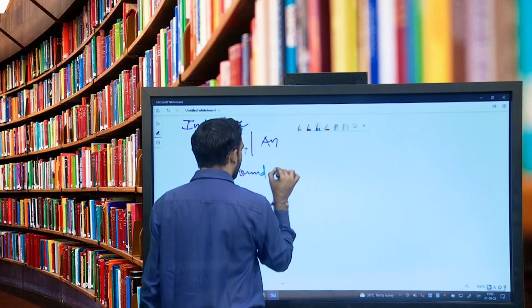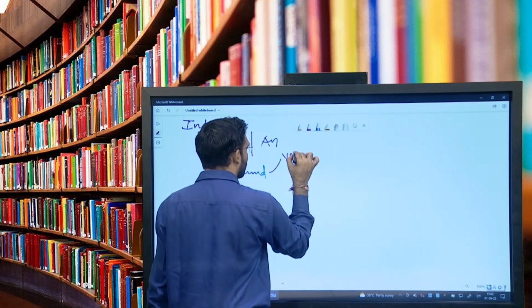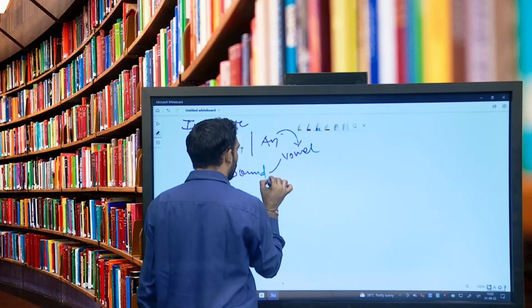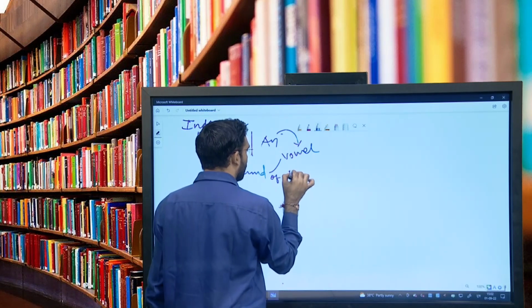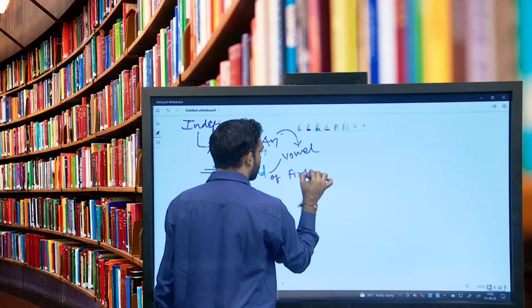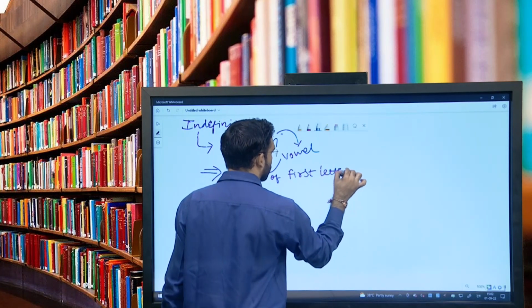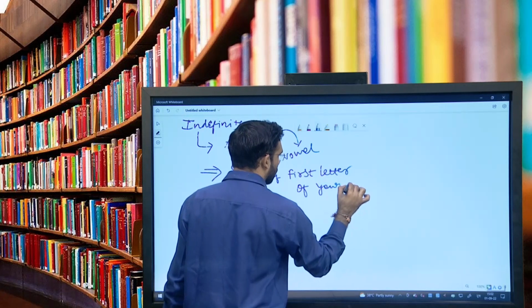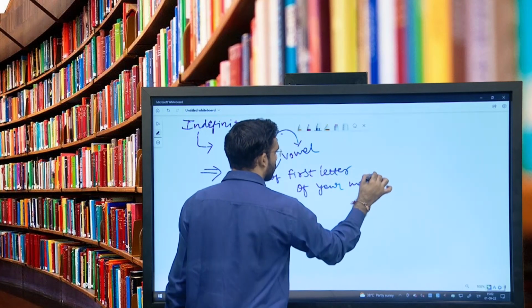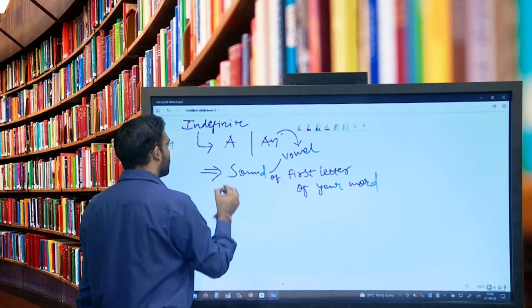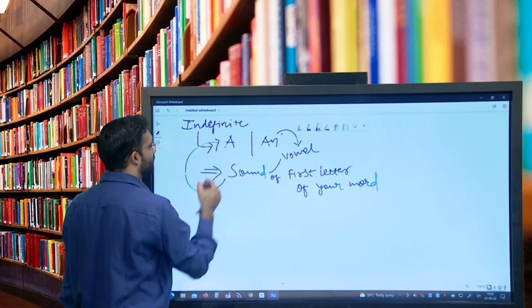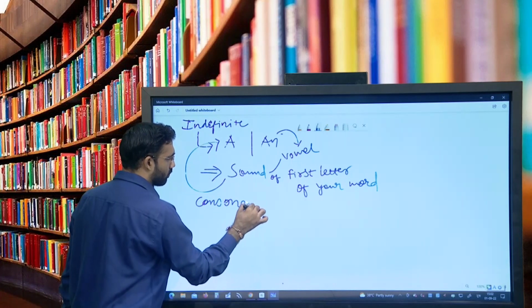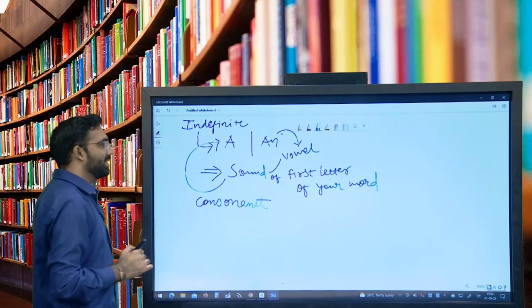If it is a vowel sound, the sound of the first letter of your word, you use an. And if your sound is a consonant, then you would use a.